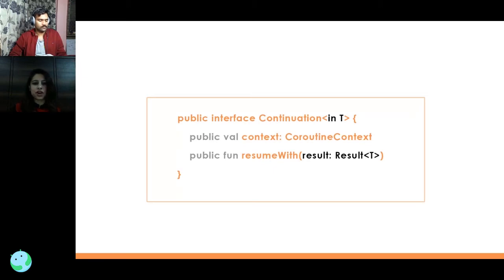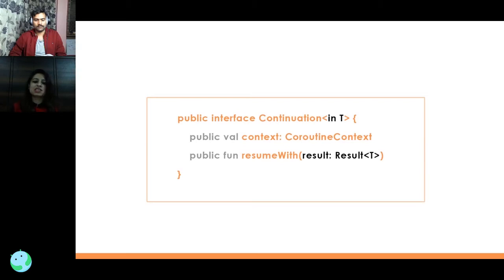Then there is a function named resumeWith, which resumes the execution of a suspend function at the call site. It takes a parameter, and that could be either the value of any computation that caused the suspension, or it could be any exception. In other words, this param holds a value that can be passed back, either a successful response or a failed result.